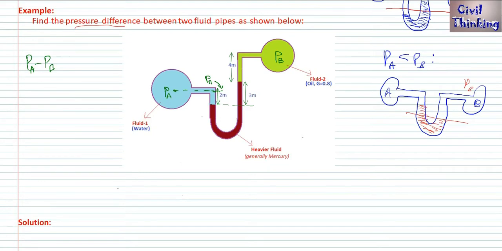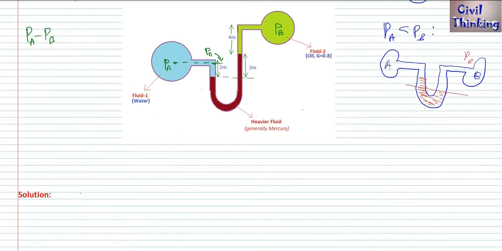Now let us write this equation. PA, where are we? We are here, right? Because we have already traveled from this pipe to this. Now the pipe is going down, means we are going down, up to this interface, because here is mercury, and here is mercury too.